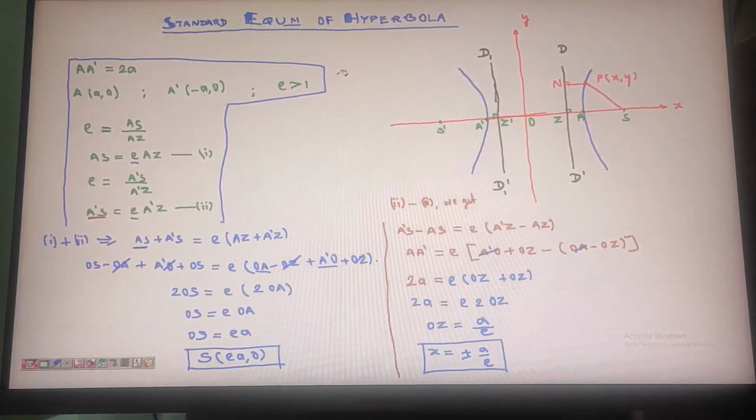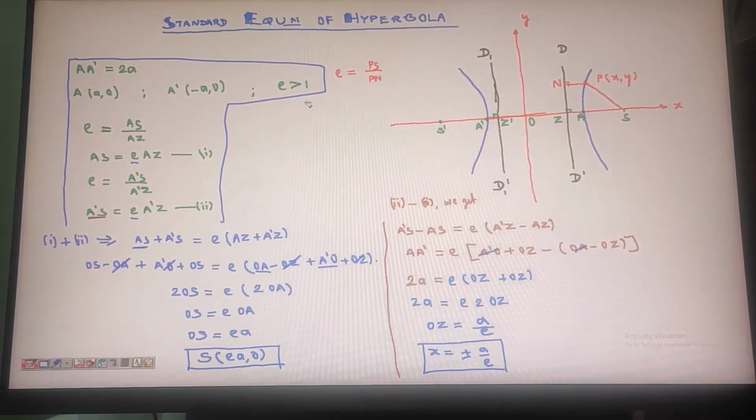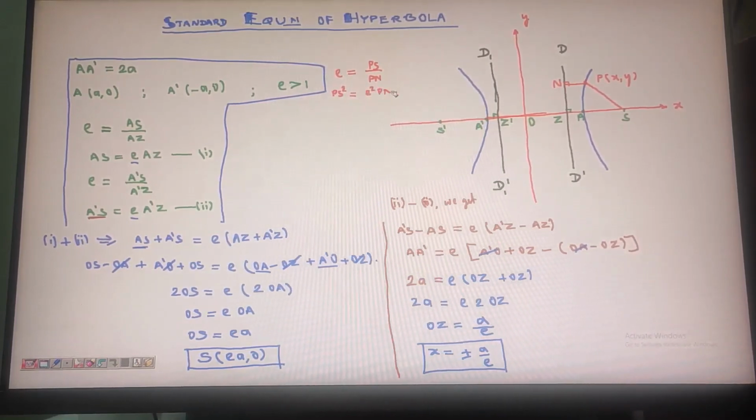Okay. So e is equal to what? By definition, e is equal to nothing but PS by PN, right? So PS square is equal to e square PN square.